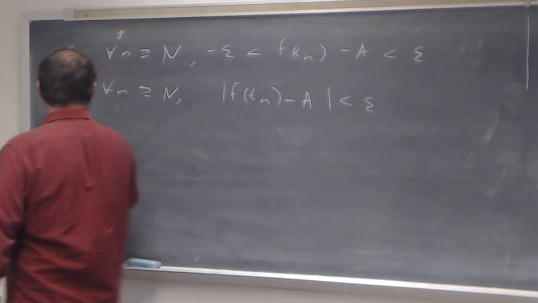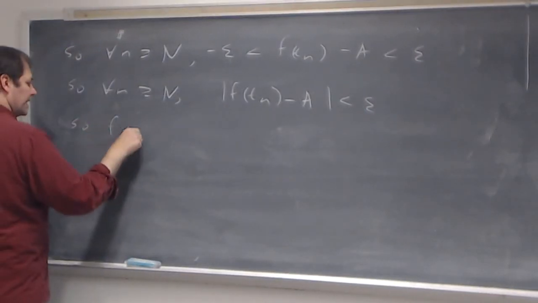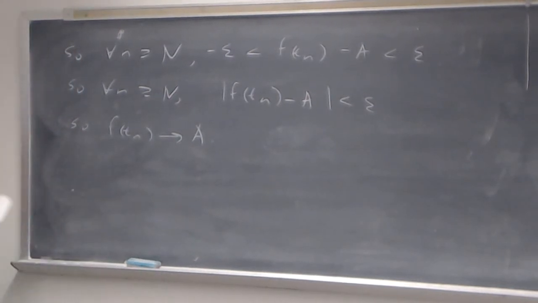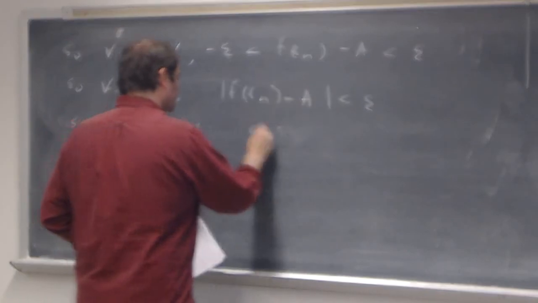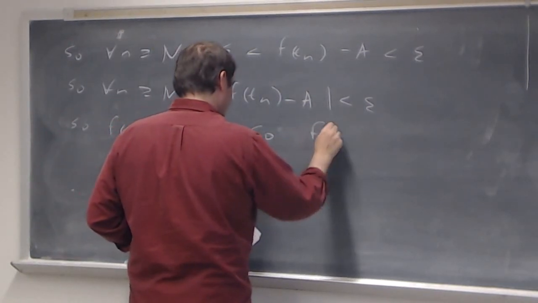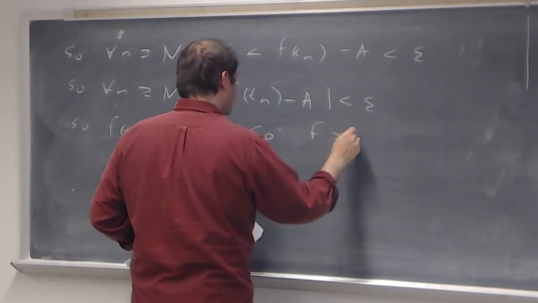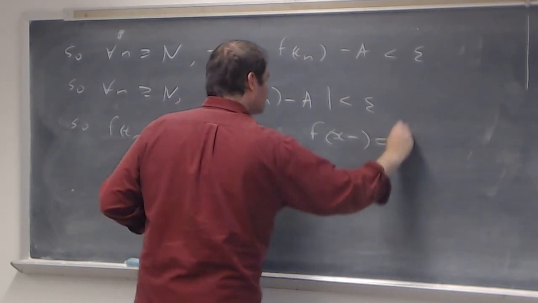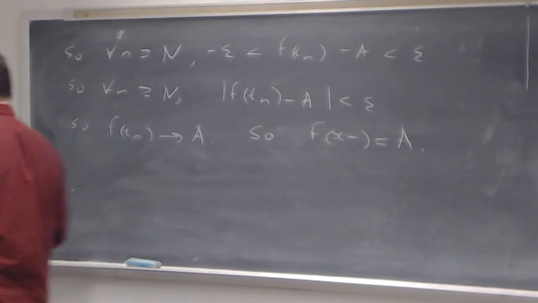So that says f of t sub n converges to a, and that's what we wanted to show. So as a concluding statement from this part, f of x minus is equal to a. That's what we need to show.